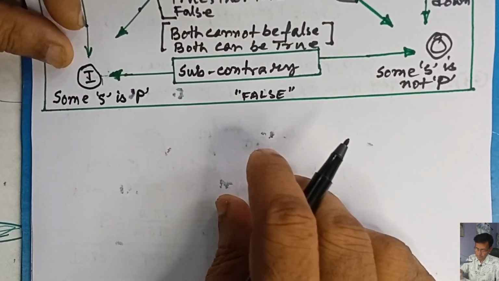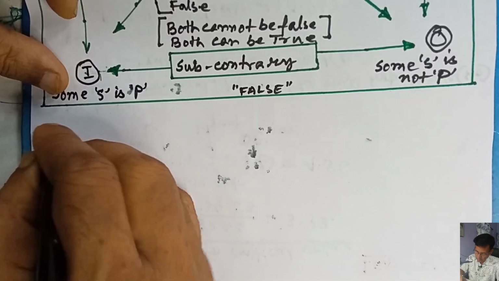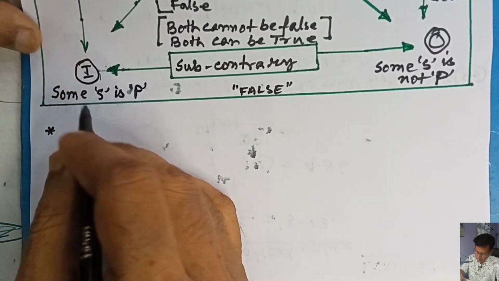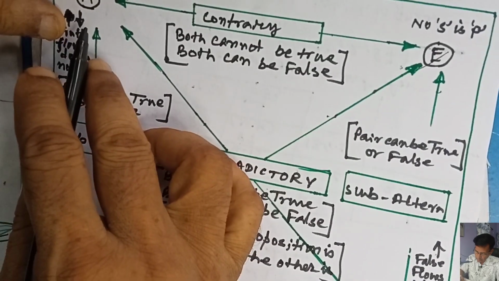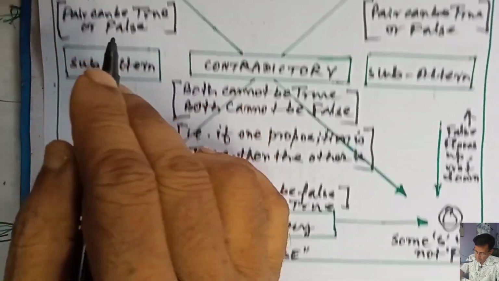Now, if A is true, I must be true because truth flows down, not up.